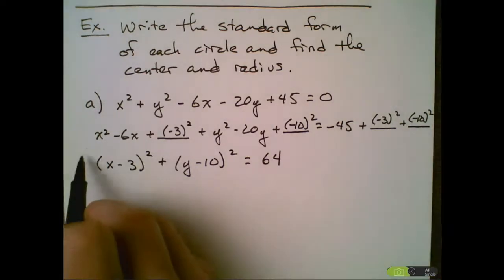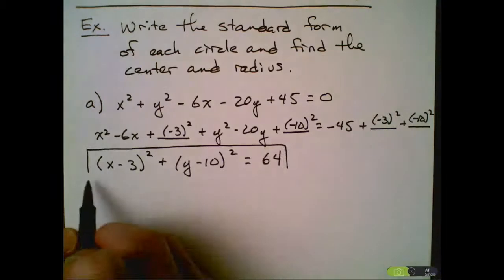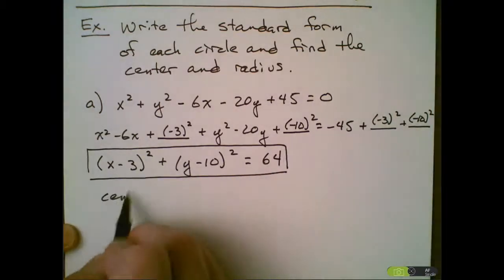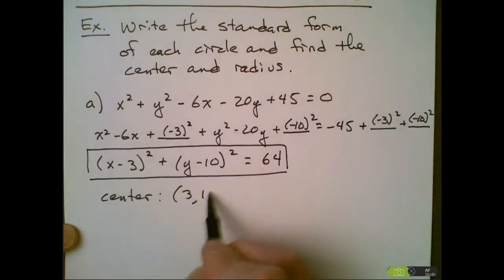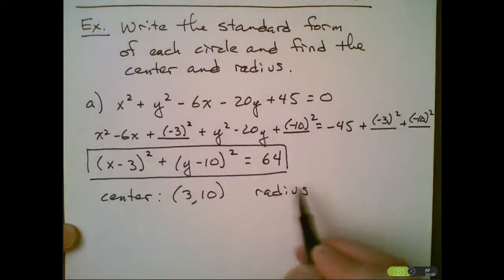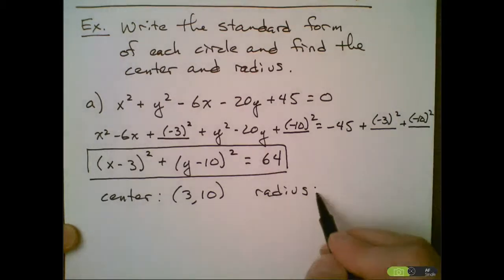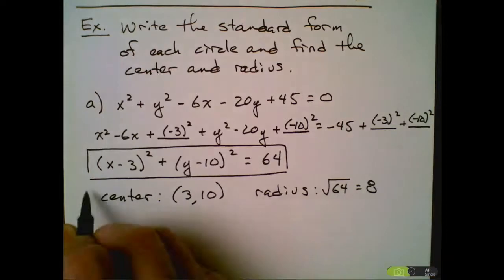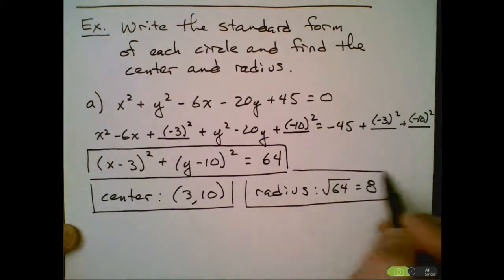So we finished the first part of the problem. This is the standard form, and from this we're going to find the center. So the center is going to be (3, 10), and our radius, remember this is r squared, so I have to take the square root of that, so the radius is going to be the square root of 64, which is 8. So there's our center, and there's our radius.